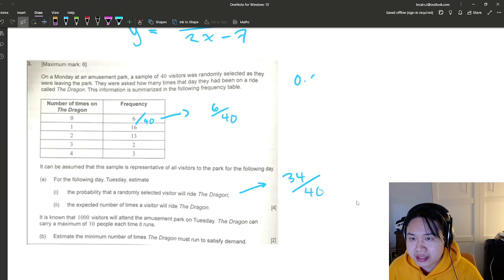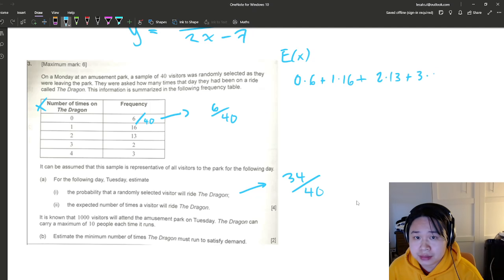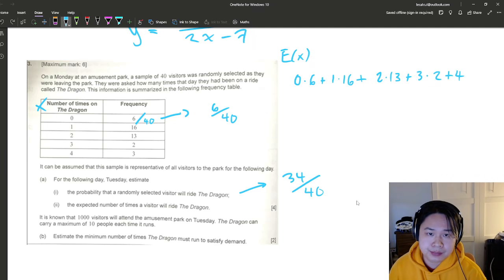So I'll just multiply these all together and then divide them all by 40. So 0 times 6 plus 1 times 16. Again, this is x, so the expected value of x is 2 times 13 plus 3 times 2 plus 4 times 3.